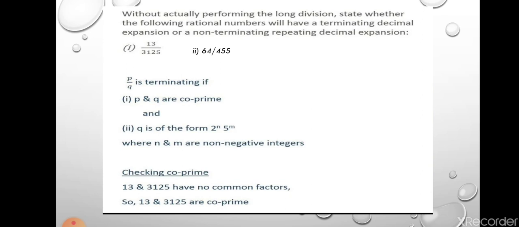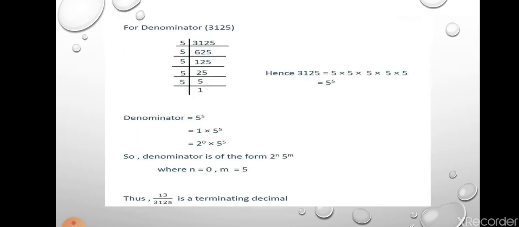3125. First of all, we check whether 13 and 3125 are co-prime or not. 13 and 3125 have no common factor other than 1, that means the highest common factor of these two numbers is 1, so these numbers are co-prime. Then we convert the denominator 3125 into its prime factorization.